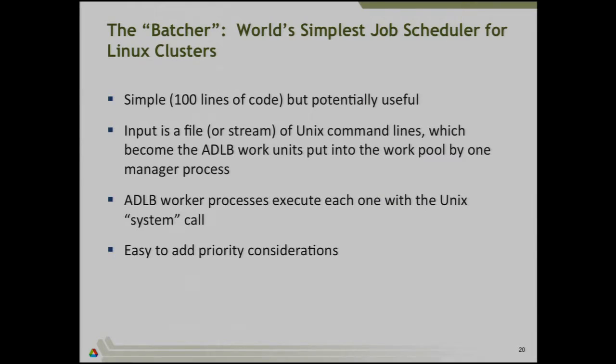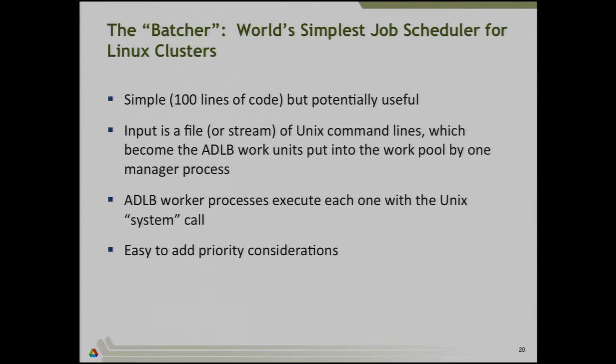Here's the world's simplest job scheduler, which is useful for Linux clusters. Suppose you have a bunch of really separate jobs. That is, each one is identified by, say, a Linux command line. Then one process can just read this file and dump all the command lines into the work queue. Some of them take 1 second, some of them take 3 days. Doesn't matter.